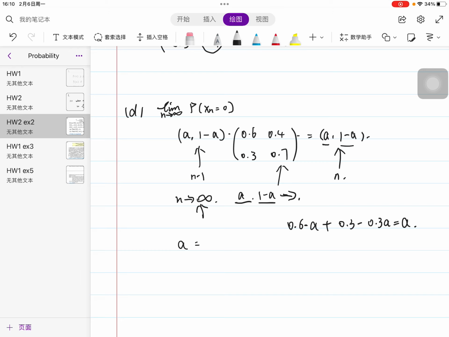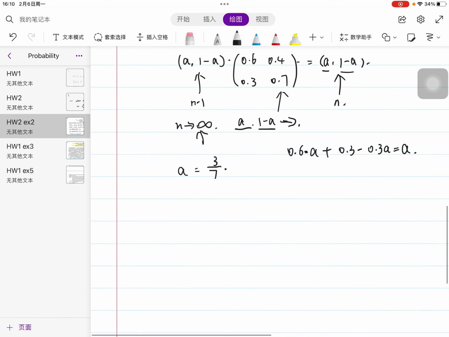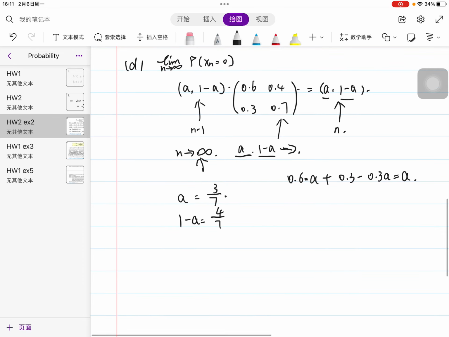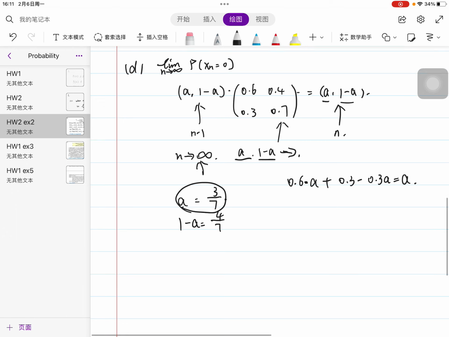So a equals 3 over 7, and 1 minus a equals 4 over 7. So 3 over 7 is our answer.